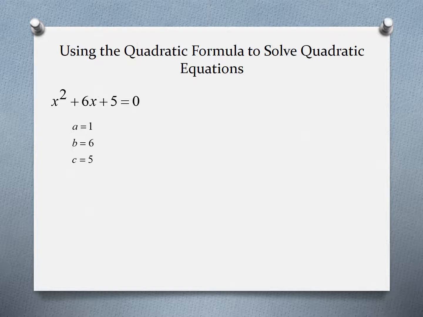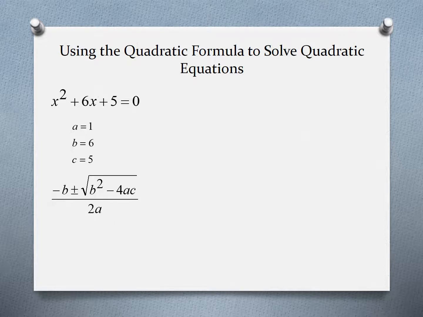The coefficient of x is 6, therefore B is equal to 6, and the coefficient of the constant, I could say the coefficient of the x to the 0 variable is 5, but the constant here is 5. Either way you want to look at that. And so now we have the values of A, B, and C that we can substitute into the quadratic formula.